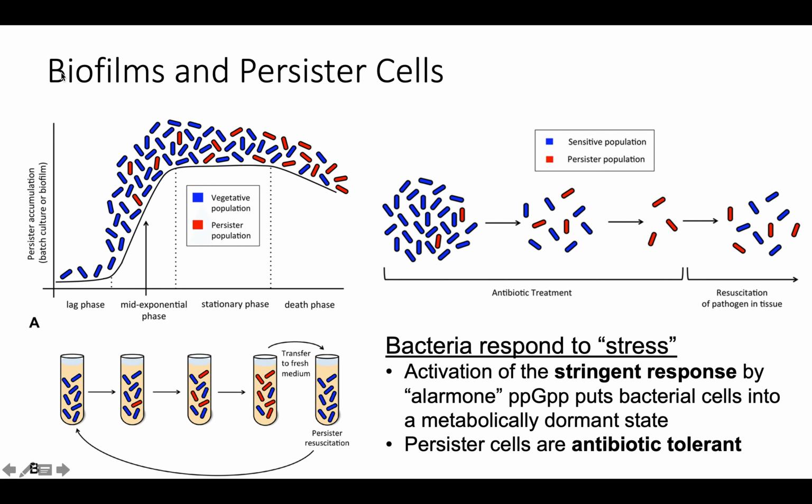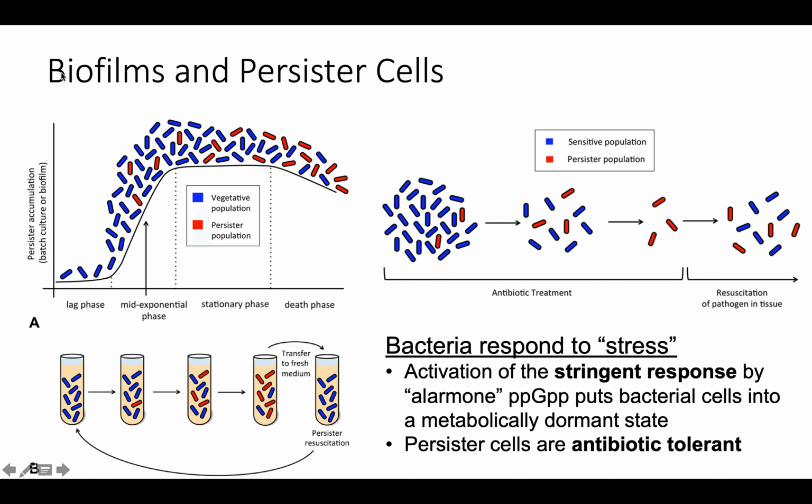And this is what gives them the ability for longevity, one of the reasons. So let's say there's a lack of nutrients, or there are antibiotics that are introduced into this biofilm. What happens is the bacteria respond to this stressor.